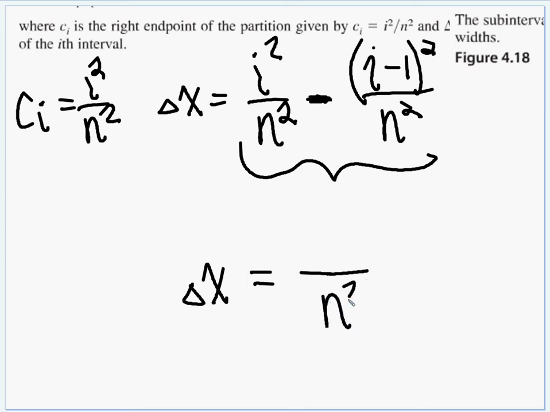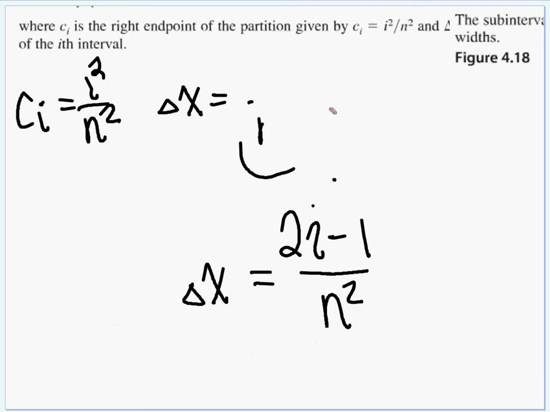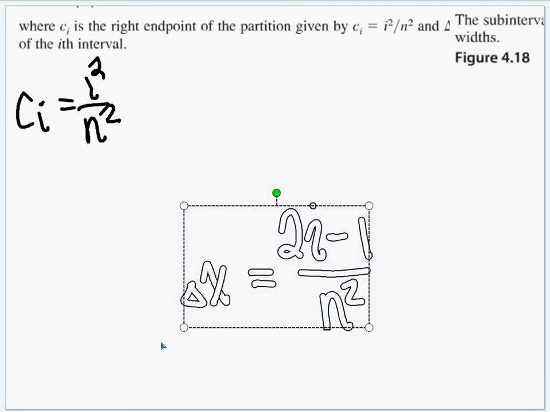Our common denominator is already there. It's going to be n squared. If we FOIL this out and distribute the negative and combine like terms, our numerator is going to be 2i minus 1. And that is over n squared. So that is our delta x, the base of any of our rectangles.